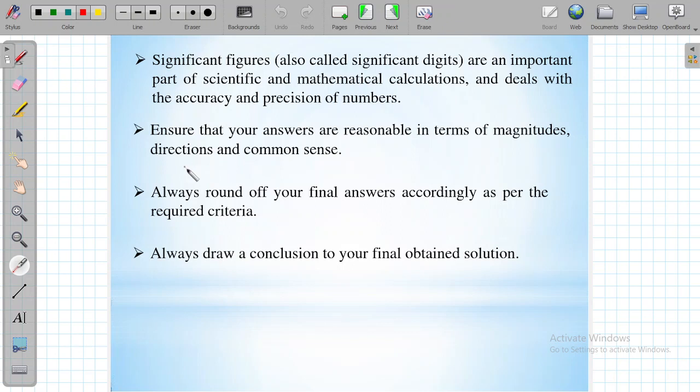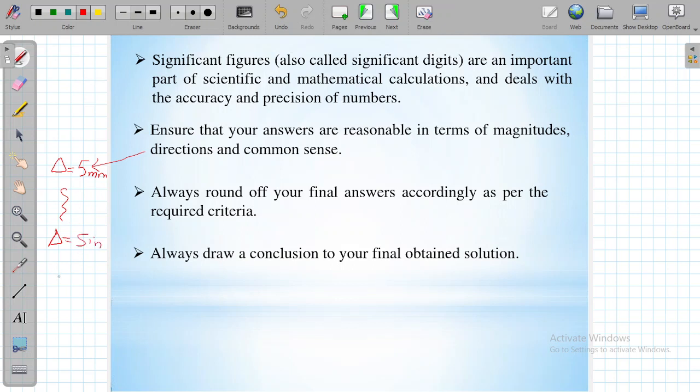And another thing, for example, in this numerical, if you are using a deflection of 5 millimeters, and at the end of your numerical you write the value of deflection equals 5 inches, this is a common mistake that students make.